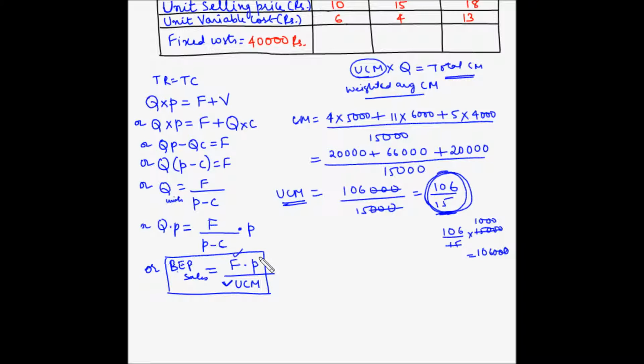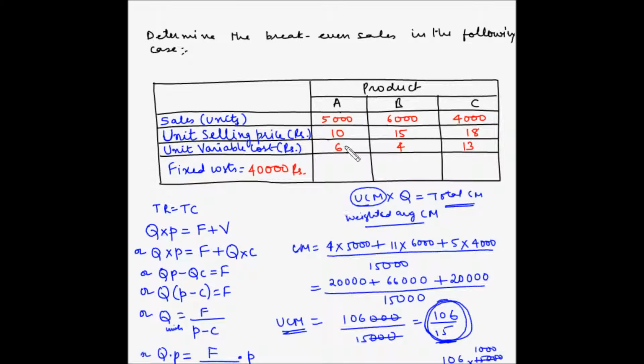Now we need to find out the selling price, that is the unit selling price. So again, in this case, we have the unit selling price, which is different for each product. However, for this formula, we have to find out the unit selling price in a way such that if we multiply that one single unit selling price with the total number of units sold, we get the total revenue.